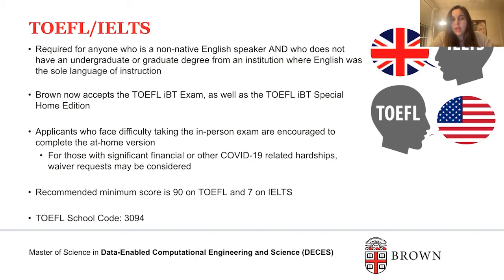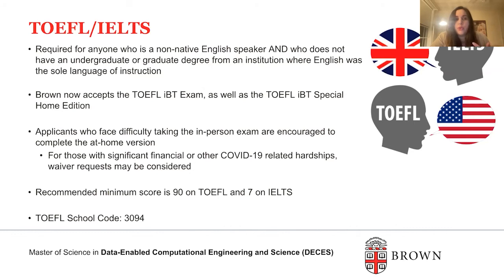So I just want to talk a little bit about our testing requirements and how you can get us those testing scores. The first test that we will talk about is your English language proficiency exams. You can satisfy an English language proficiency requirement with one of 2 exams, the TOEFL or the IELTS.